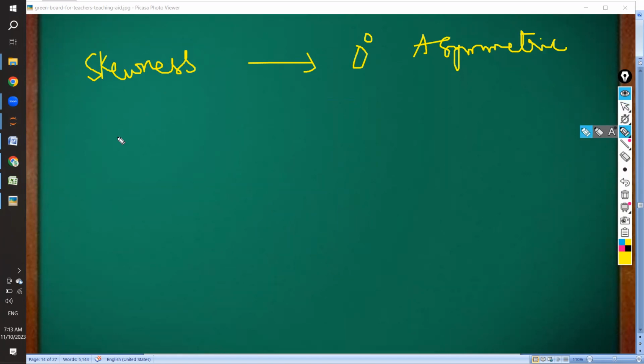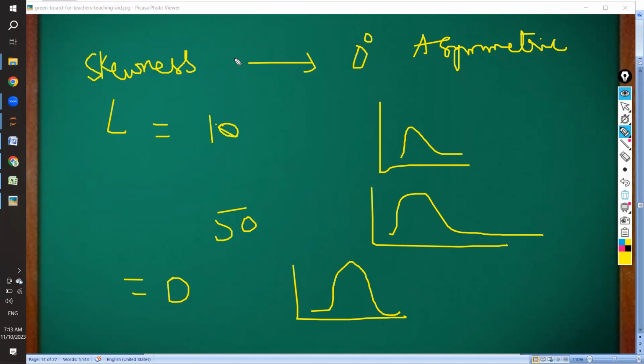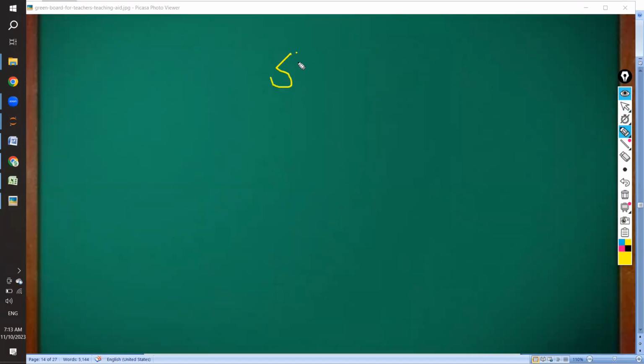If my skewness is equal to 10, that means 10% of it is asymmetric, slightly something like this. If it is 50, it is very asymmetric. If skewness is zero, there is no skewness, which means it is completely symmetric. That's why the skewness parameter will be in the middle.